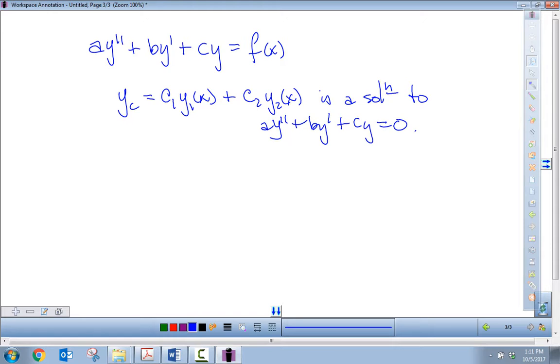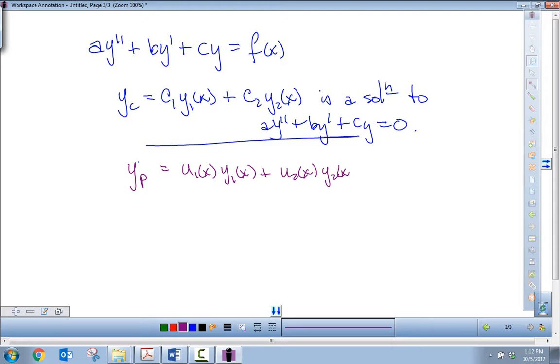So what they're claiming here is that the particular solution is actually going to be not exactly a linear combination of these things, but u1 of x times y1 of x plus u2 of x times y2 of x.